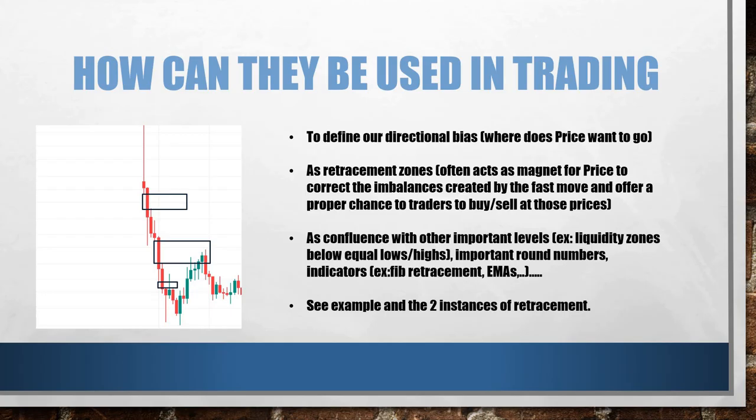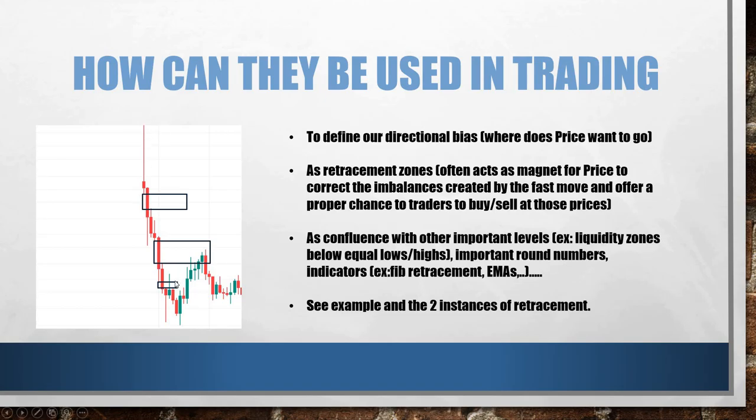Because the price moves so quickly in one direction, and a lot of people, or the whole market, did not get a chance to sell at some place or buy at some levels, the market tends to go back, retrace, and offers this price again to traders, to the market. So the patient people will get the chance to either buy at this level or sell again at this level.